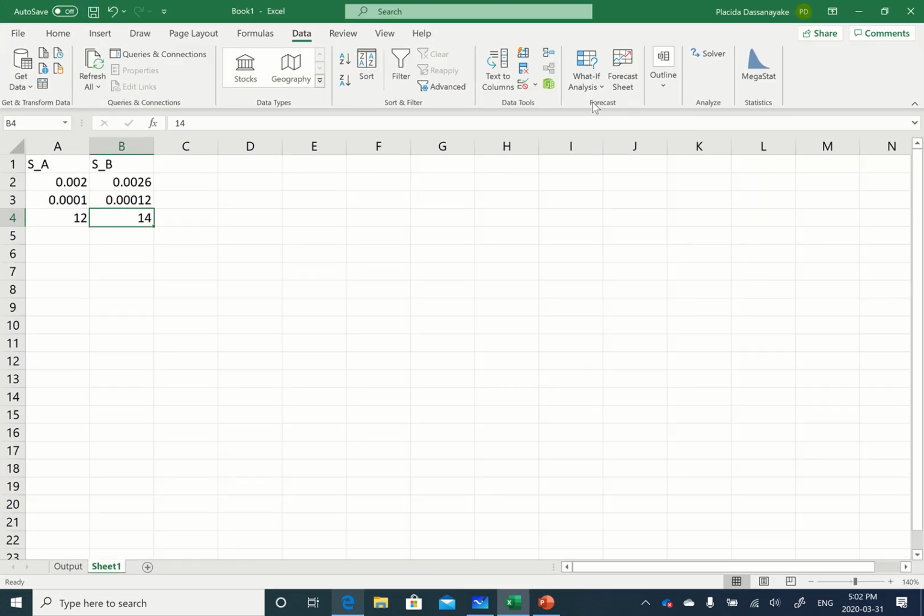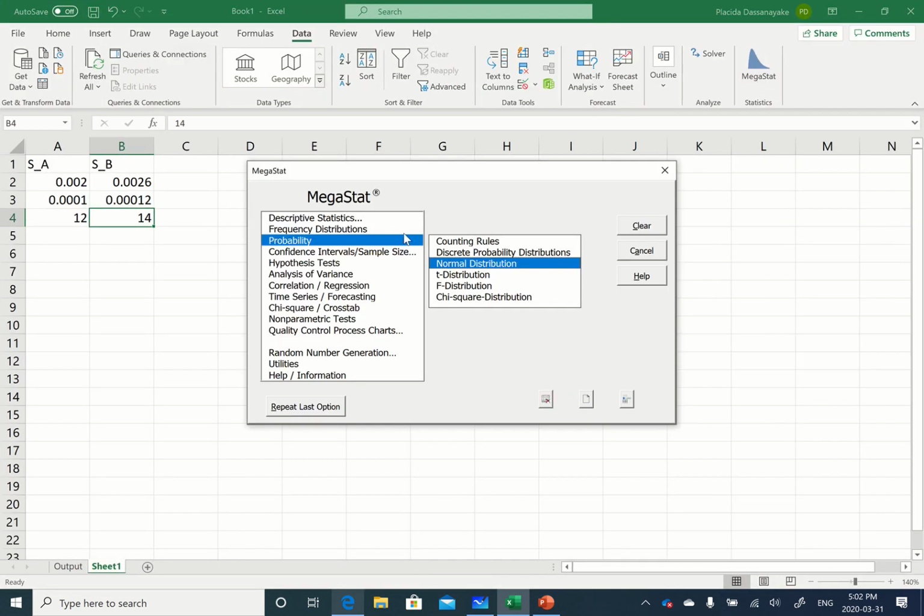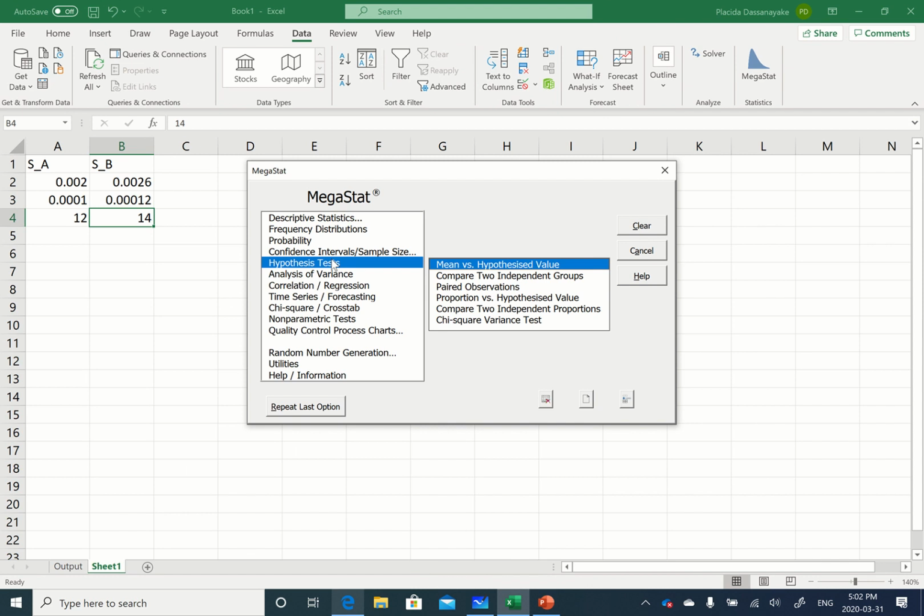Now when you go to MegaStat, hypothesis testing, you need to figure out between these two. Remember I said two cases for mean: comparing two independent groups versus paired observations, comparing two dependent groups. So we are comparing process A versus process B. Process A making an error in their production has nothing to do with process B, right?